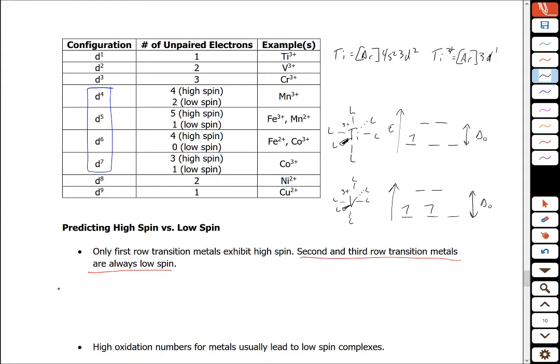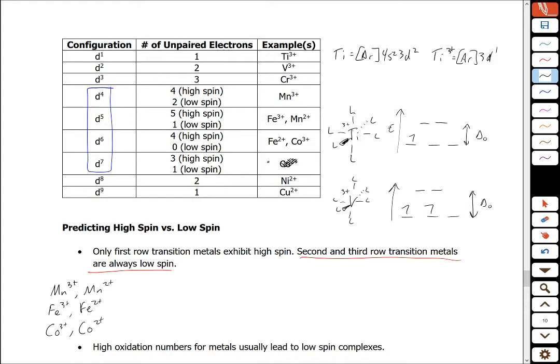So this means that the only ions we are interested in, in figuring out whether it's high spin or low spin, are manganese 3, manganese 2, iron 3, iron 2, cobalt 3, cobalt 2. And I just saw a typo up here. I'm going to correct it right here.